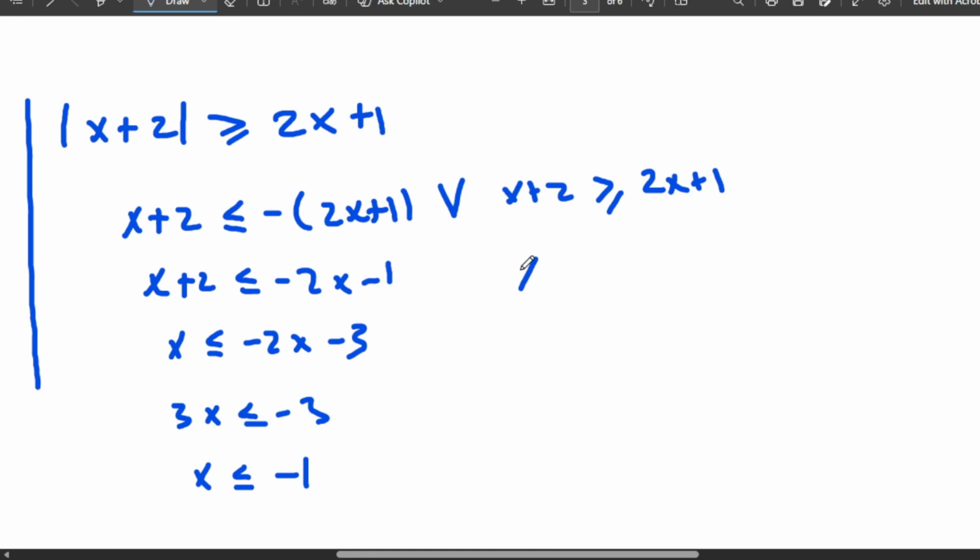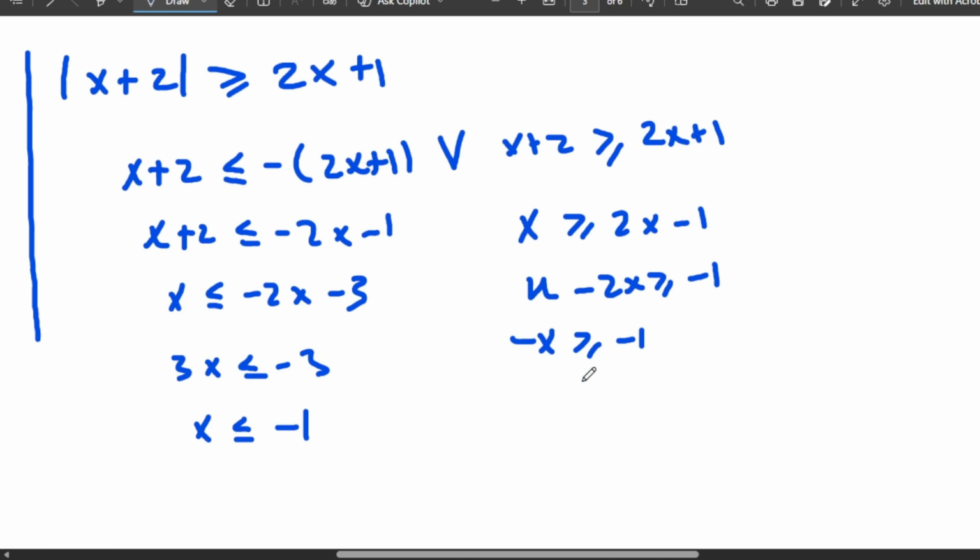For this one, x plus 2 is greater or equal to 2x minus 1. So subtracting 2x on both sides, we have negative x greater or equal to negative 1.